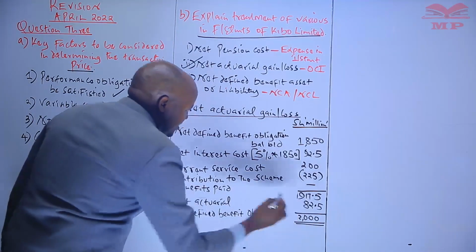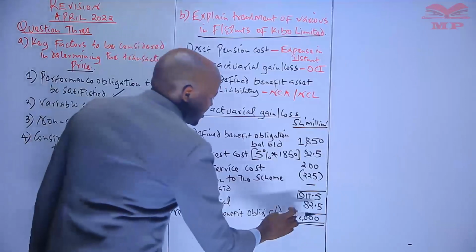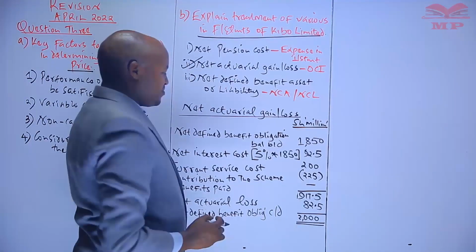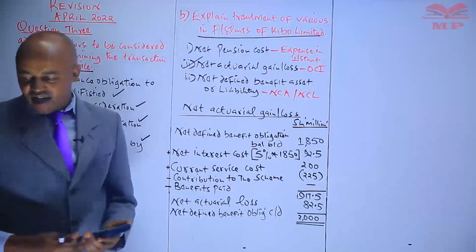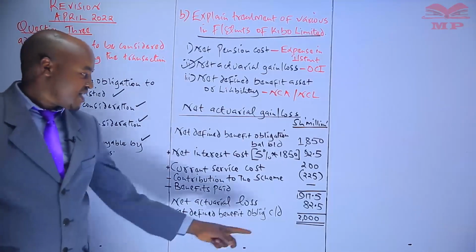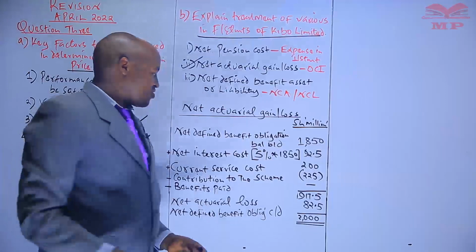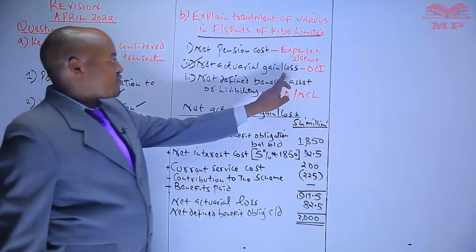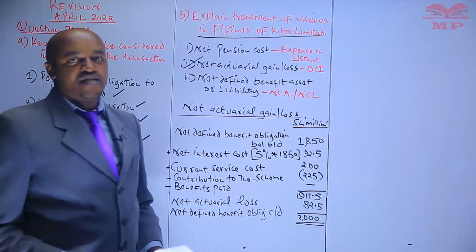We have seen this is an increase, and taking into account this is a liability, this therefore will be a loss, because anytime the value of a liability has increased, that is a loss. Now this particular loss, or this net actuarial loss, is what you have said was supposed to be accounted for as part of other comprehensive income.